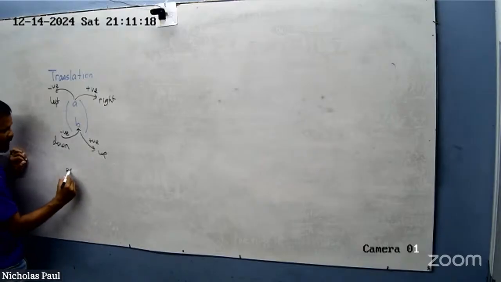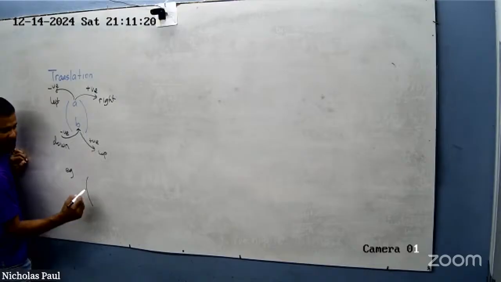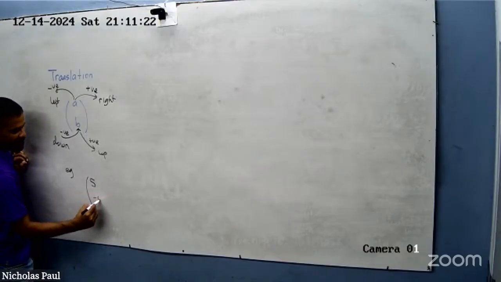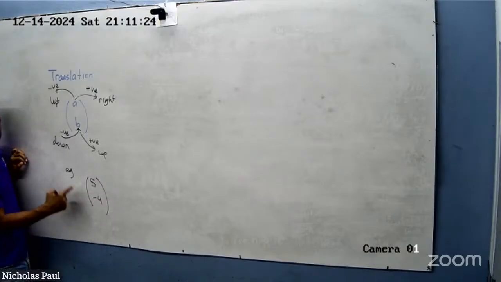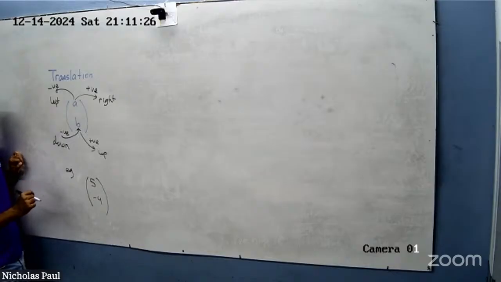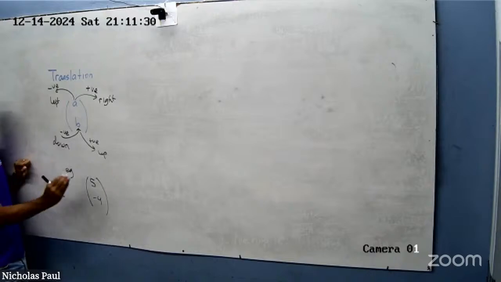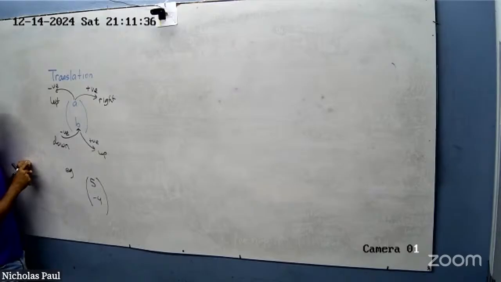Just as a quick example, we're not doing this one. Just tell me, what does this mean? What does 5, minus 4 mean? How will it slide? What are the instructions I give you there? 5, minus 4 means it's sliding where?